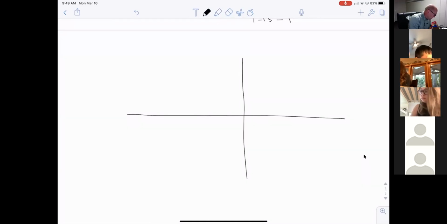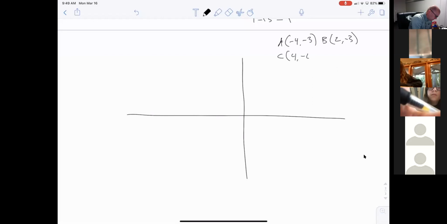They asked me to draw a quadrilateral that has these points: A, B, C, and D. Okay, so it says to graph it, so I'm actually going to graph it.